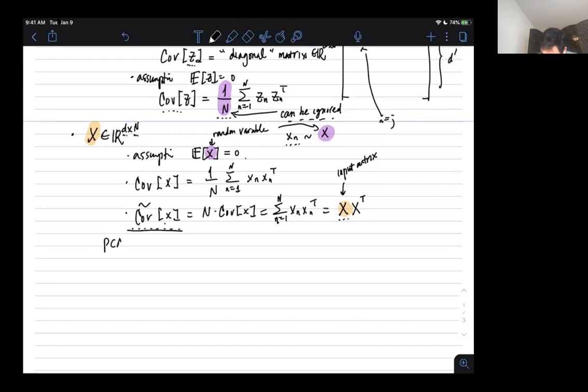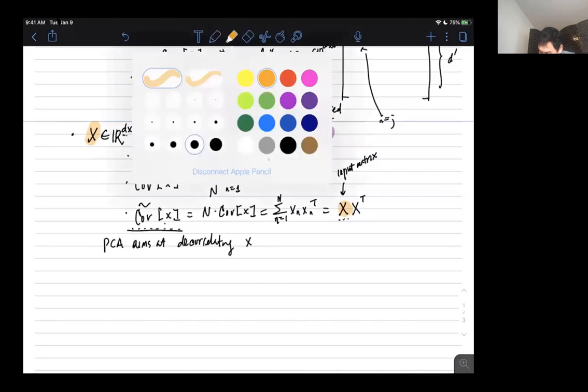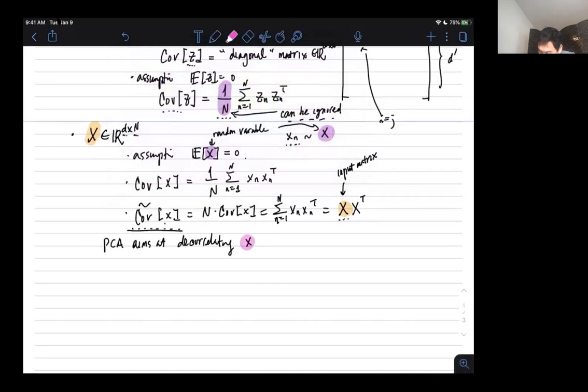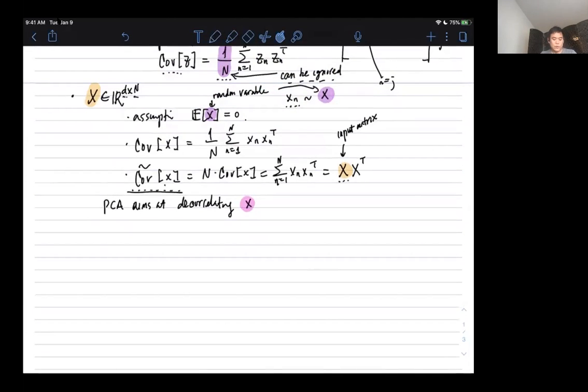That is, PCA aims at decorrelating X, in this case the random variable X. Now, what it means is that if I write it down again, we start with some scaled covariance of the X, and this scaled covariance can be estimated using the input matrix as the product of X and its transpose.